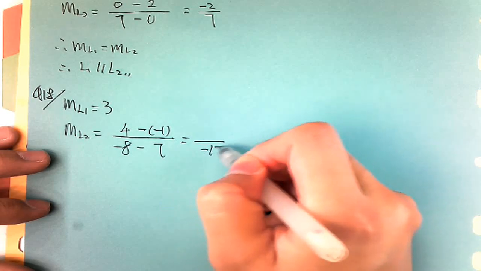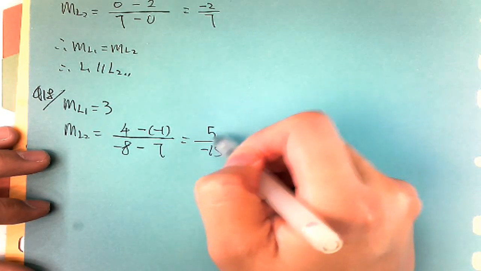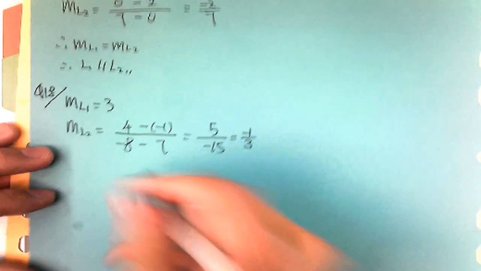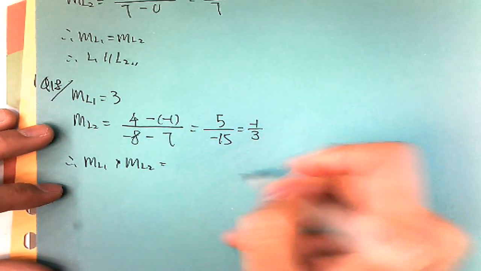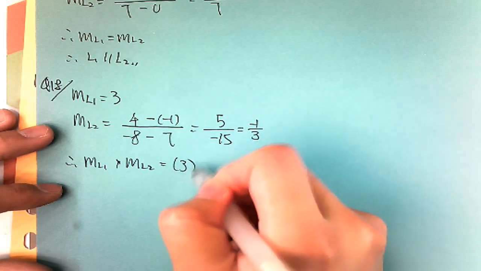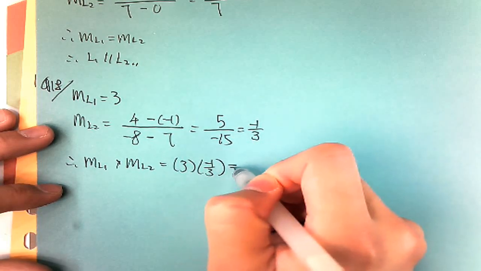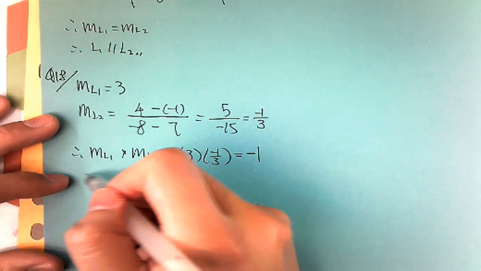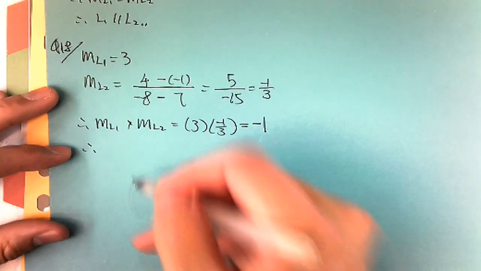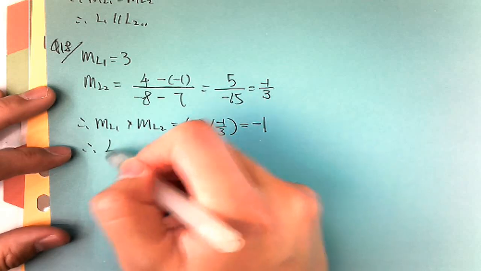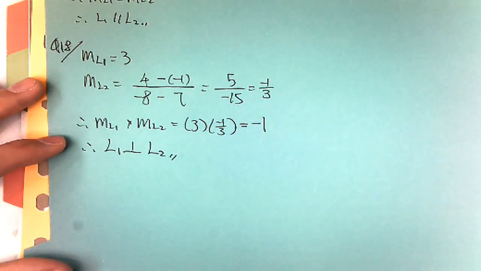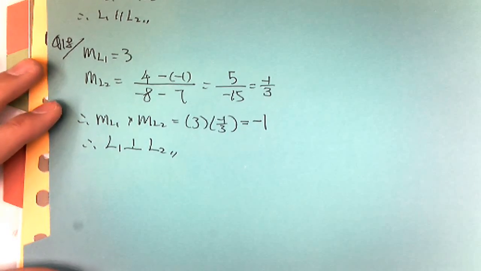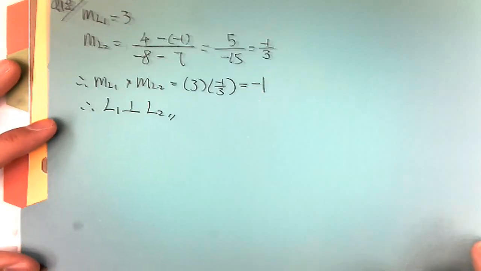So it's -15 here. 5 above, just -1/3. So mL1 times mL2 equal to 3 times -1/3, just equal to -1. Understand? So are they parallel? Are they perpendicular? Yes. Okay. So just write this. It's okay? Yeah. So I'll do one more.